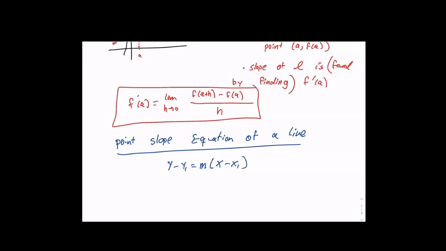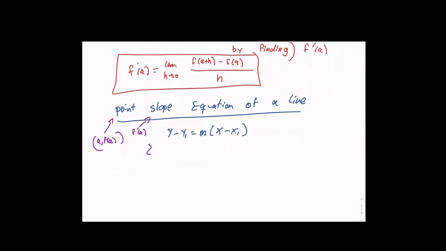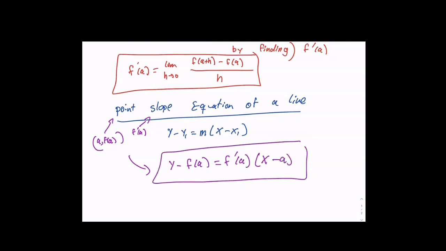To find the equation of a line, knowing the slope and a point, which in this case the point is A, f of A, and the slope is f prime of A, we can rewrite this formula as y minus f of A equals f prime of A, parentheses x minus A. And it's the same formula, except this is using function and derivative notation.